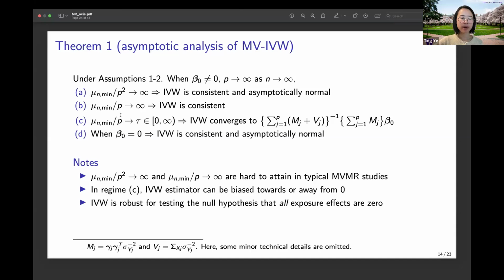If this divided by P goes to infinity, then IVW is consistent. And if this divided by P converges to a constant or 0, then the IVW will converge to this thing. It's not beta 0, so it can be biased.